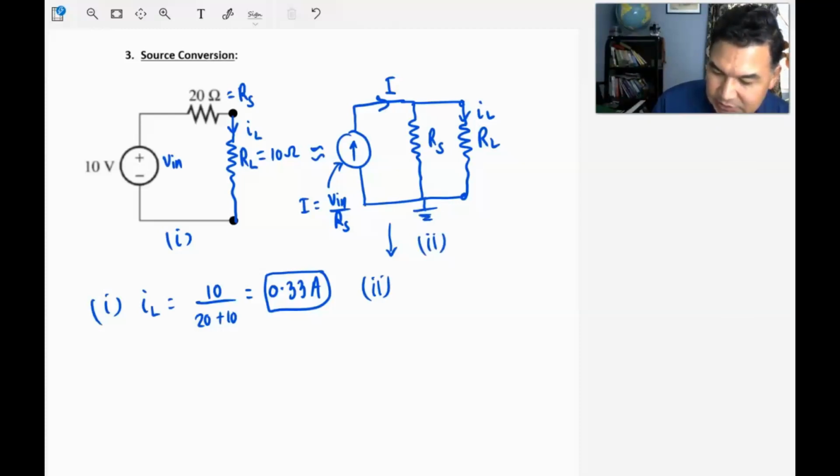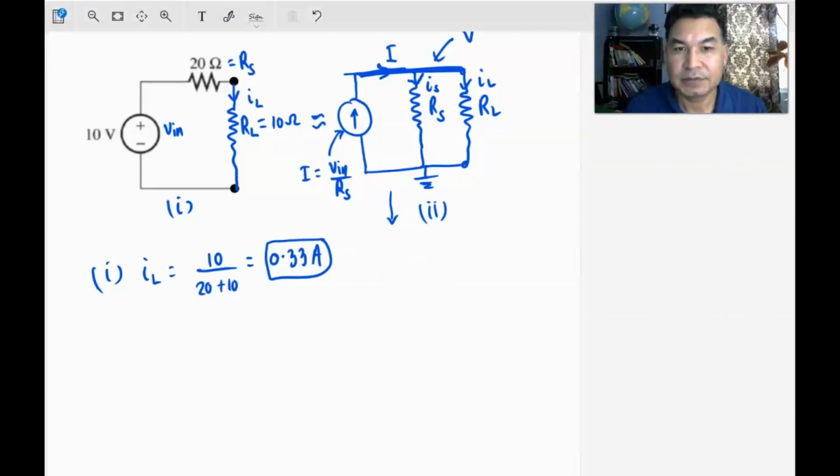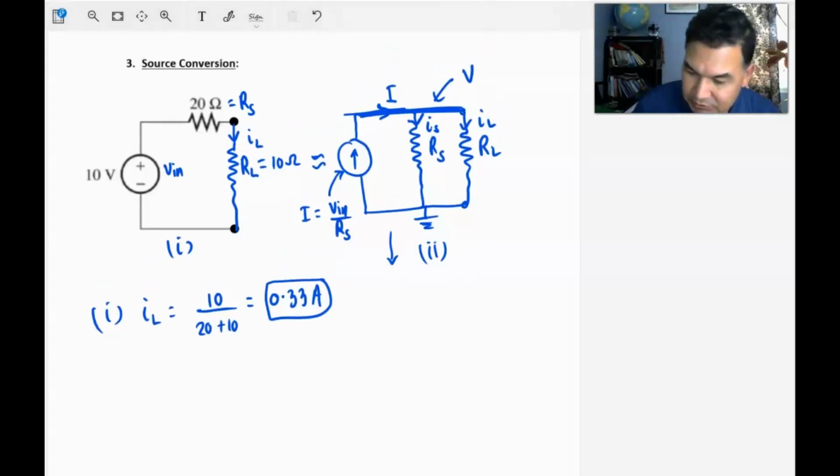Let's make this the ground reference voltage, and let's say the unknown nodal voltage here is V. We just need to figure out this one unknown nodal voltage V to find the load current.